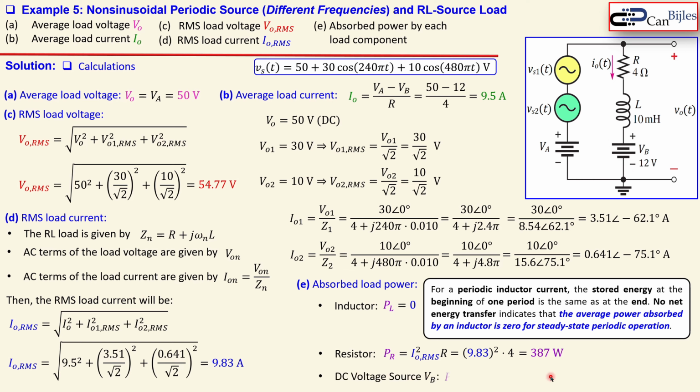Now we look at PB, which is VB times IO. That's 12, because this is 12, times 9.5. So don't use here the RMS value of the current, because that is not really related to that DC voltage source. That is really the average current or the DC current. And that will give us 114 watts.